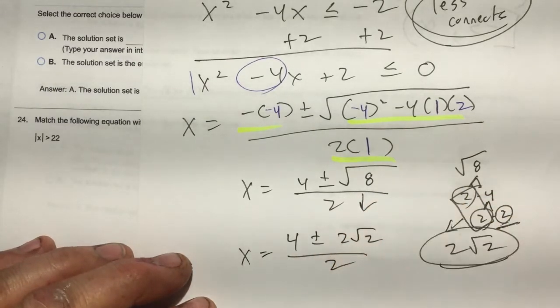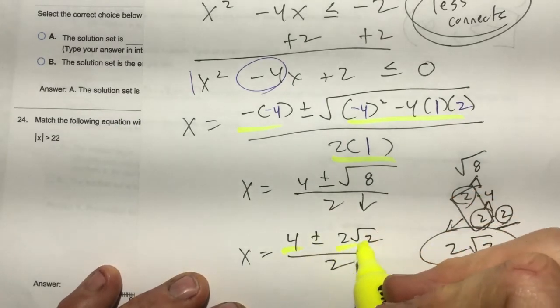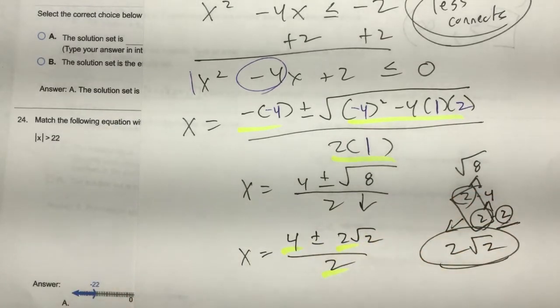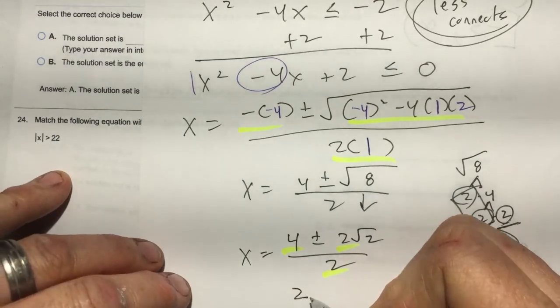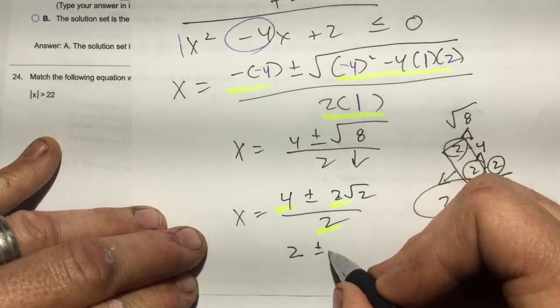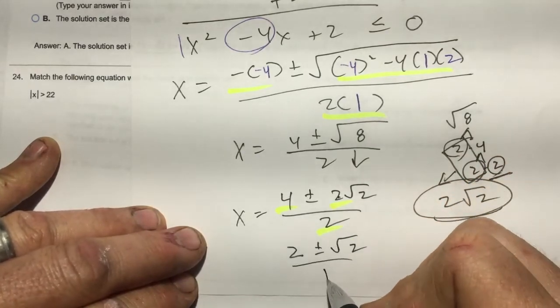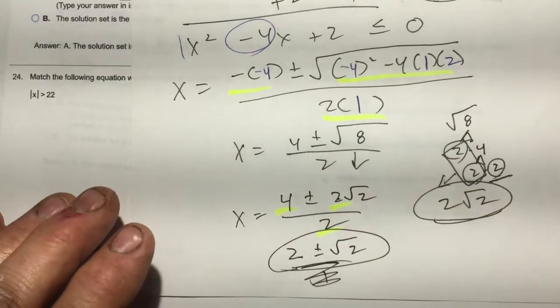And we are done right there unless now these 3 divide down. And they do. They all divide by 2. All right, so 4 divided by 2 would be 2. 2 divided by 2 would be 1. 2 divided by 2 would be 1 down there, and we don't have to have this. So this is 2 plus or minus radical 2.